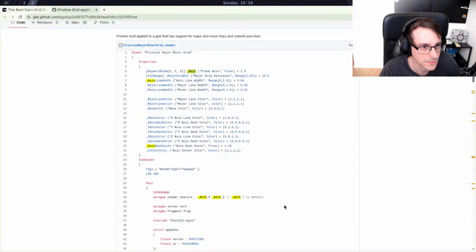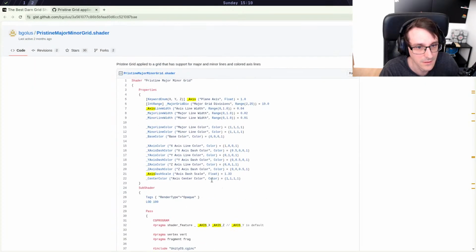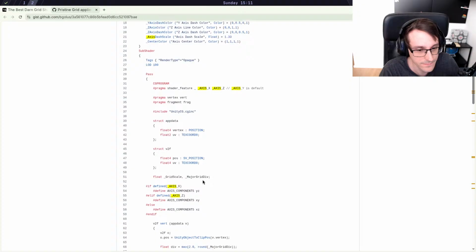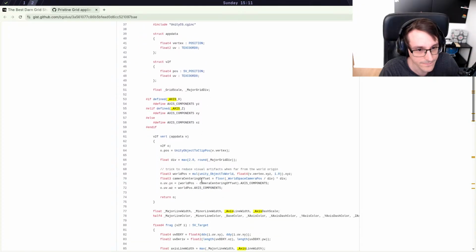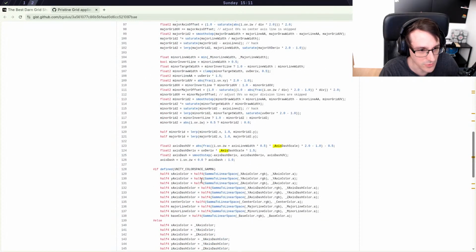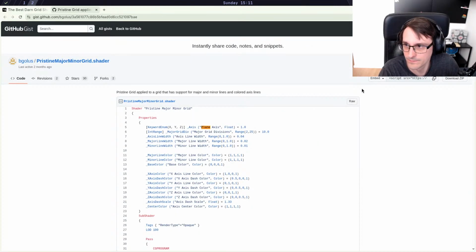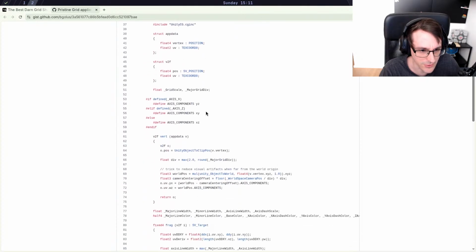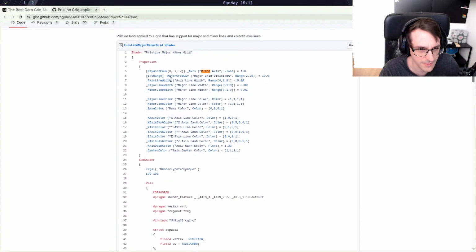Plane axis. Yeah, I'm not quite sure what he will use that for. I don't know how Unity shaders work, what that translates to.